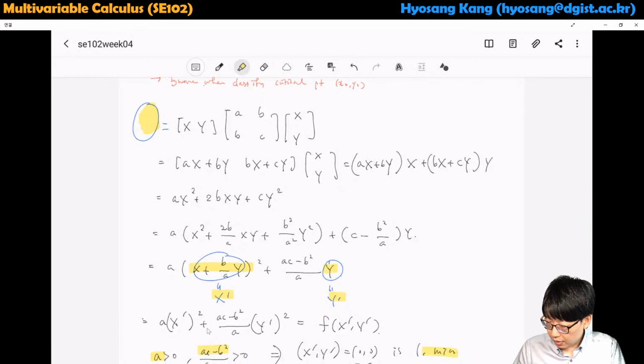It's related to rotation and dilation around the origin. I will show you what happens to the shape of the graph when I transform my axes by rotation and dilation.